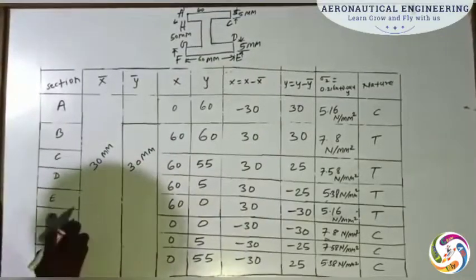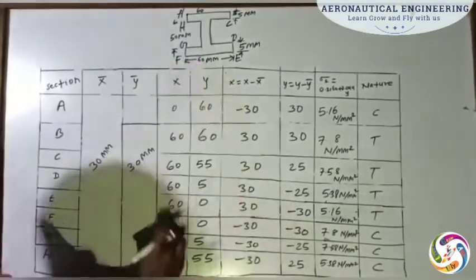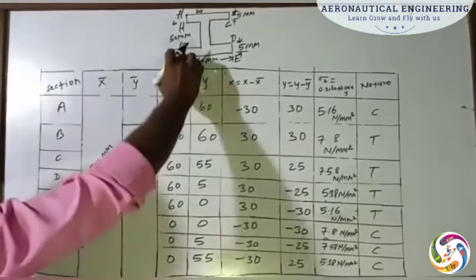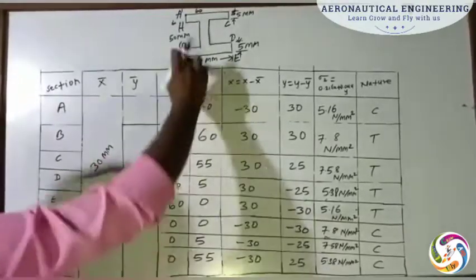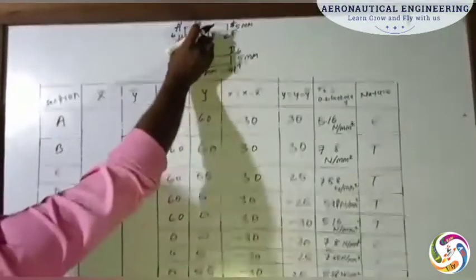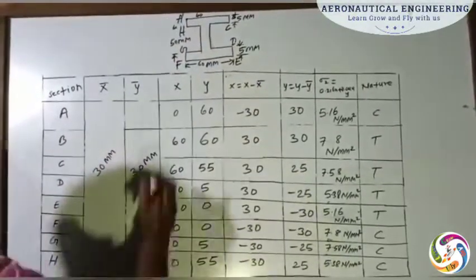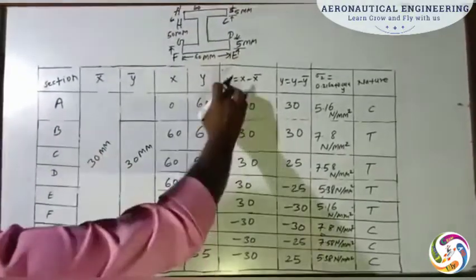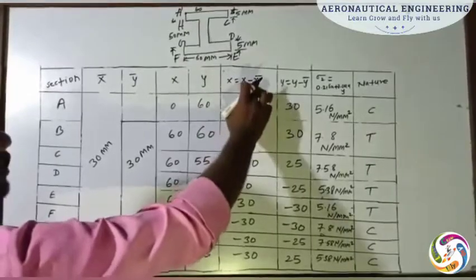For F point x value is also 0, y value is also 0. For G point x value is 0 but y value is 5. For H point x value is 0 but y value is 5 plus 50, 55.